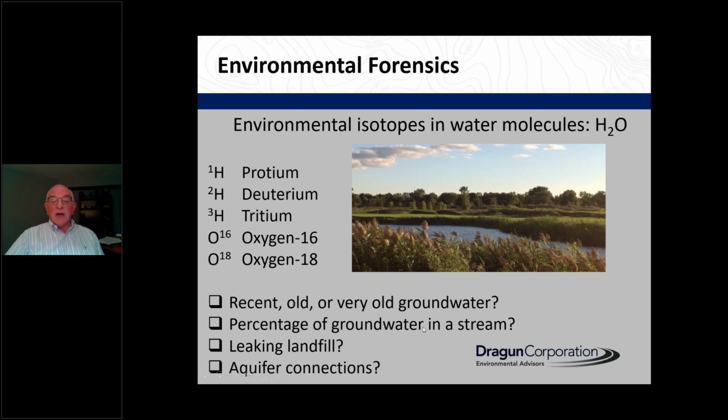We can determine the percentage of groundwater in a stream. We can identify leaking landfills, and we can also identify aquifer connections. So useful to supplement our other approaches to groundwater investigations.